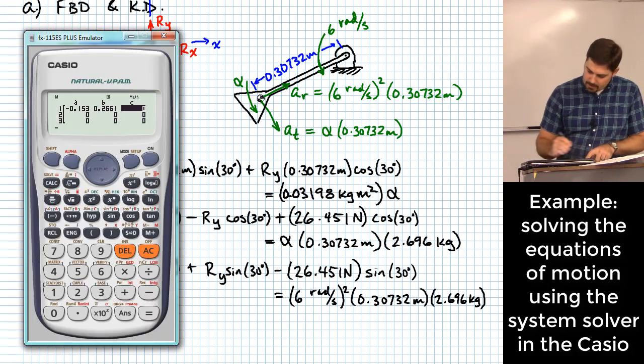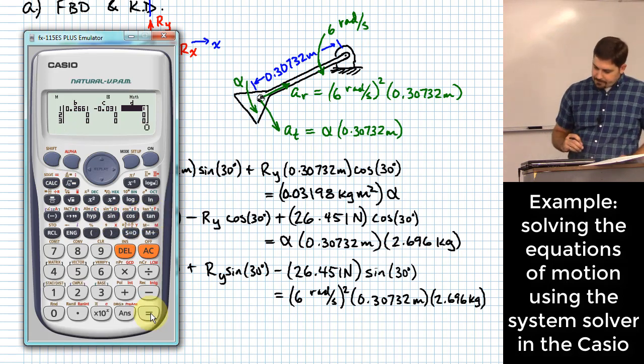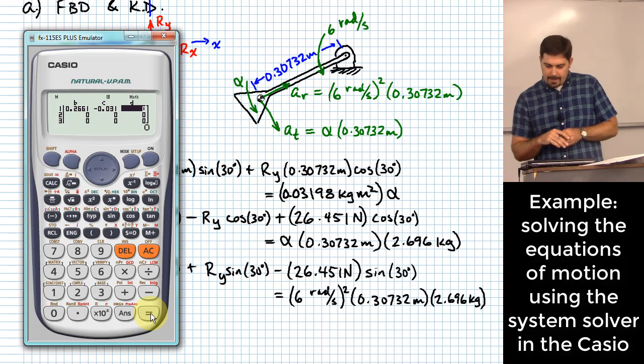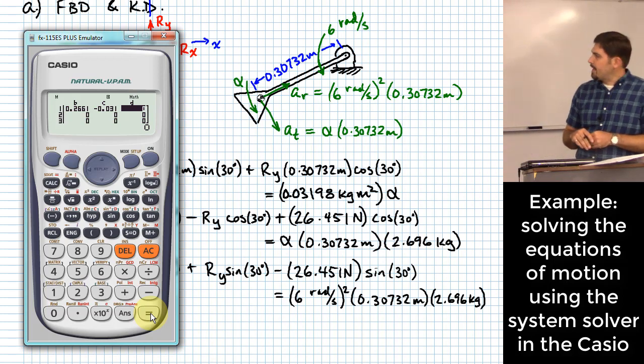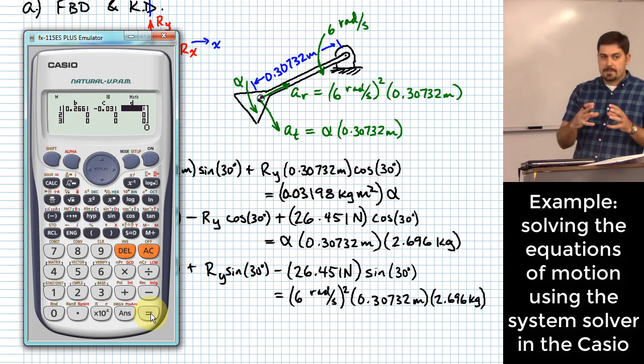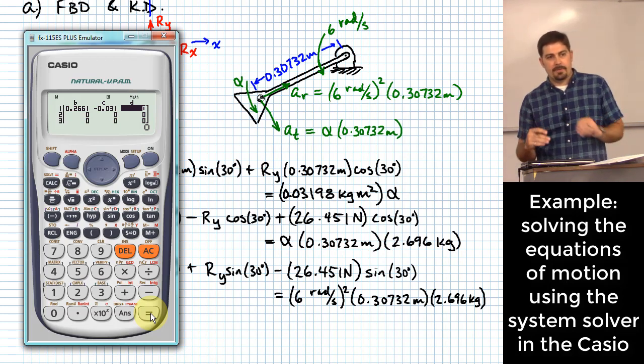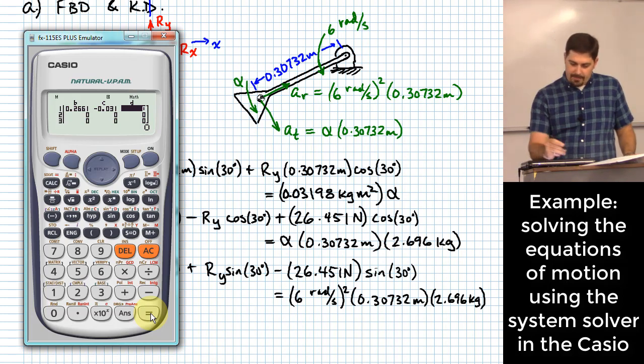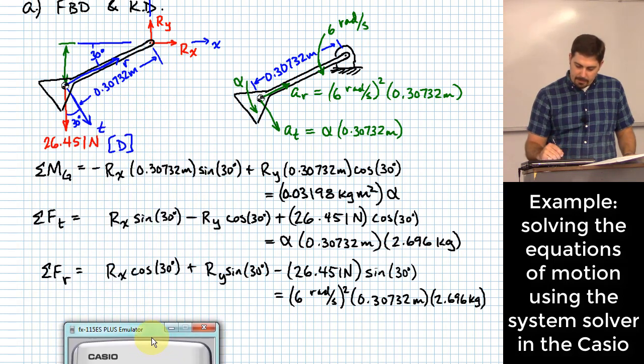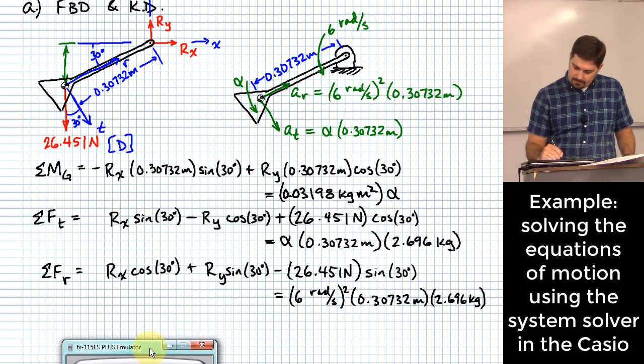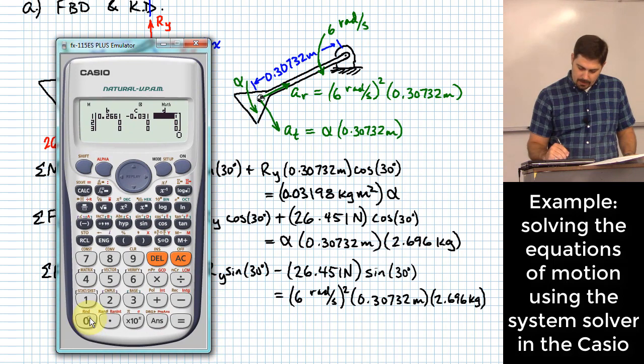So here I'll put negative F. What do I put for this last term? Remember, that's constants, things that are not multiplied by a variable. Do I have anything that's not multiplied by one of the variables? Nope, so I just put in 0.